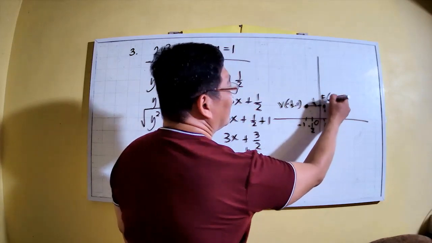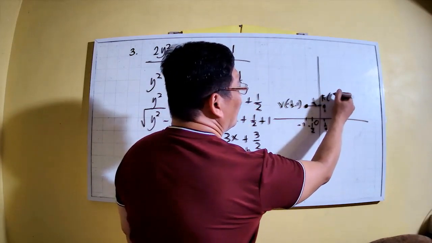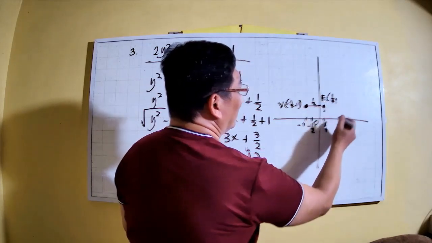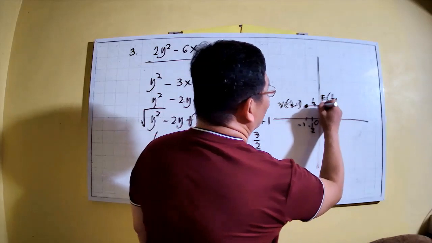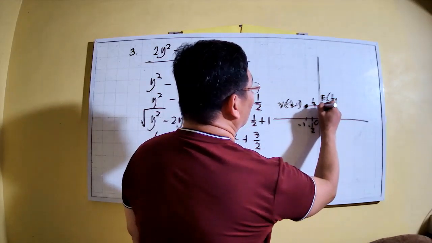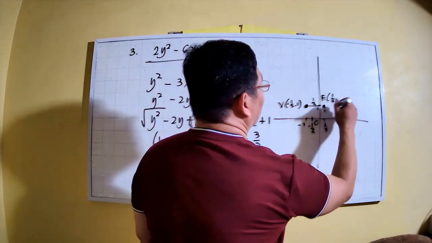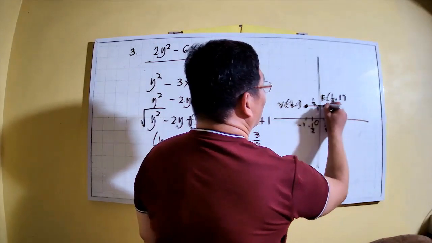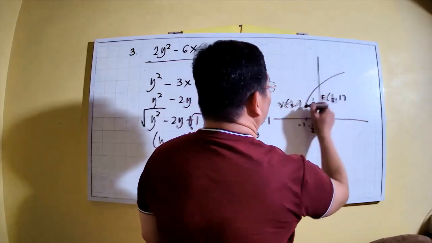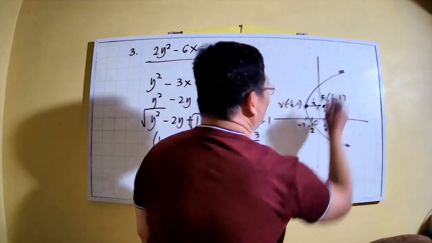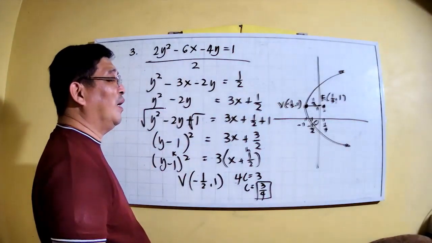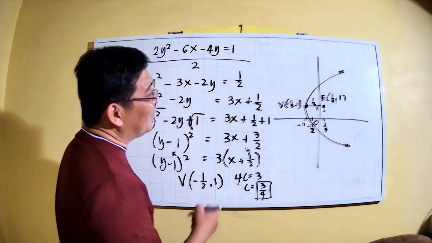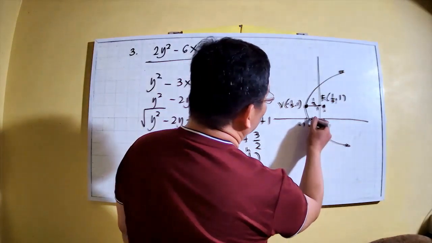Focus is at 1/4 and 1. Ito yung focus, ito yung vertex. Papunta roon sa kanan yung behavior ng graph.